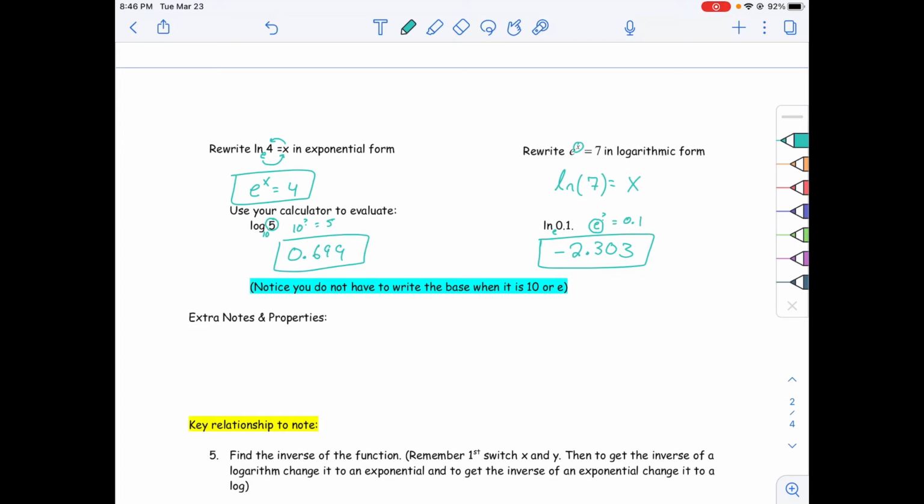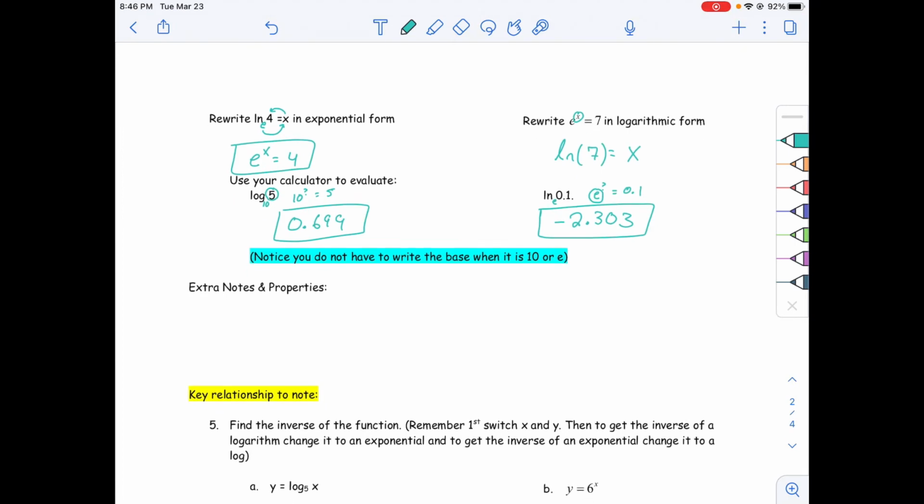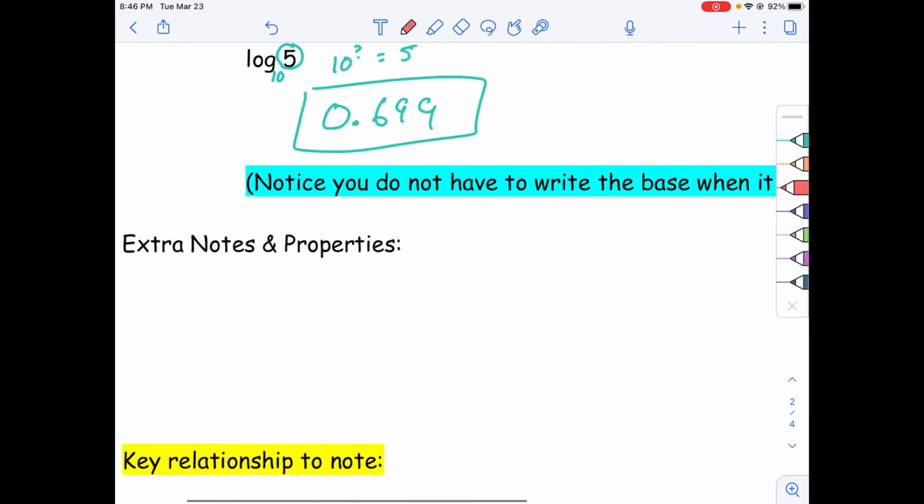So some extra properties to note when we're talking about logs. The first one that we're going to look at is a log property. It says b raised to the log base b of x is just equal to x. So because b and log go together, this b would cancel with this log base b.